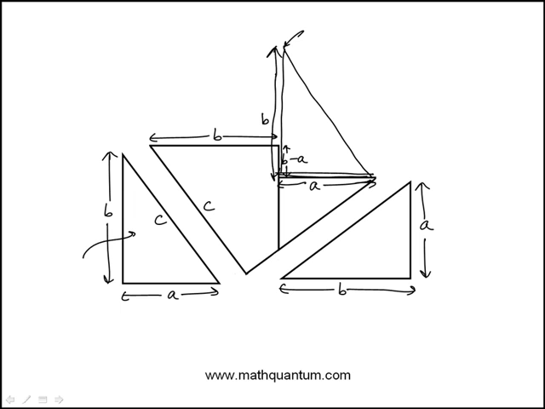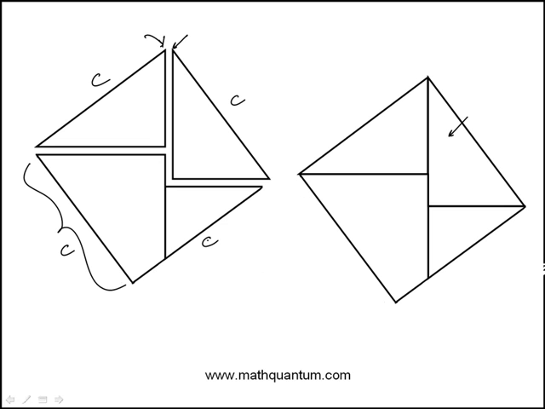And this distance that it sticks out from that corner would be the difference between b and b minus a, which is just a. So that is a. And if I take this triangle, this side is of length a, so that's going to fit in perfectly here, and that's b. So yes, it will indeed fit in here. So the way I've shown the figure is indeed how they would merge.